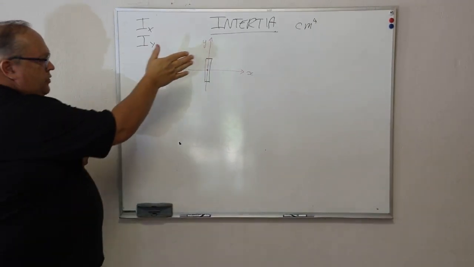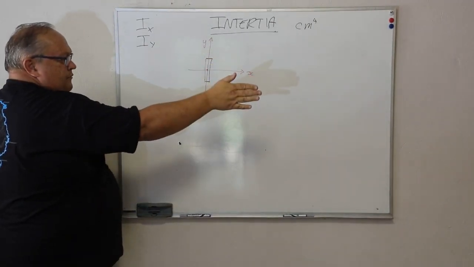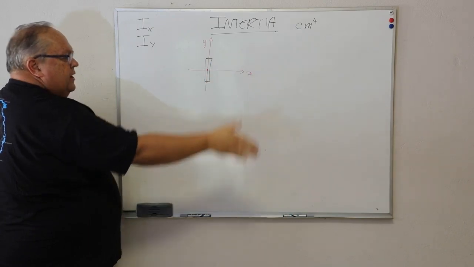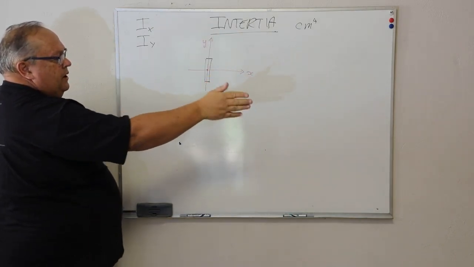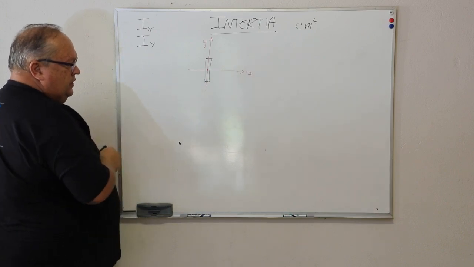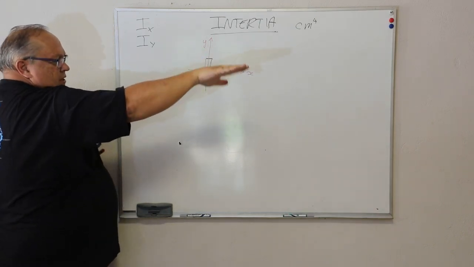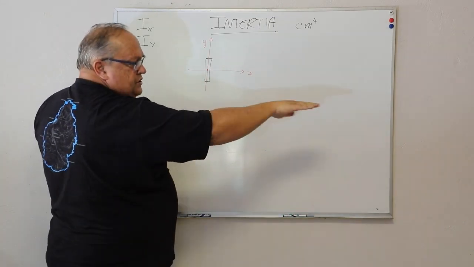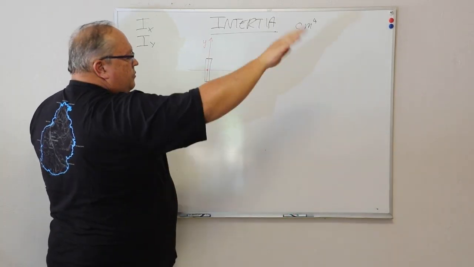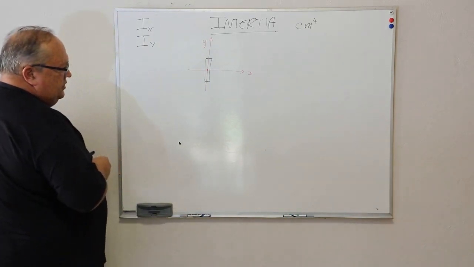Now, I know that when I'm holding this profile up vertical like that, it becomes rigid in the vertical direction, but it becomes floppy in the horizontal direction. And if I was to take that profile and hold it flat, I know that it would be rigid in the horizontal direction, but floppy in the vertical direction.